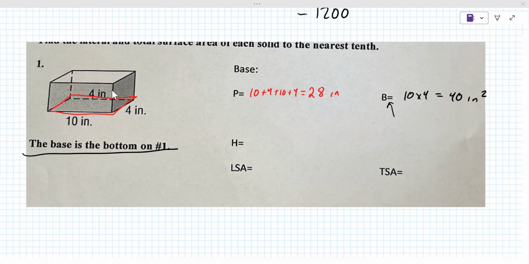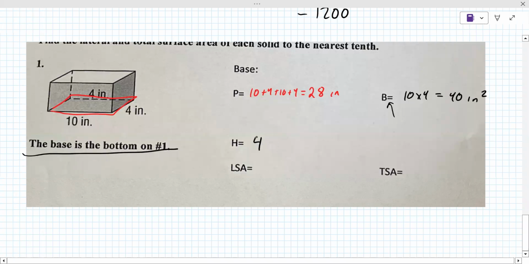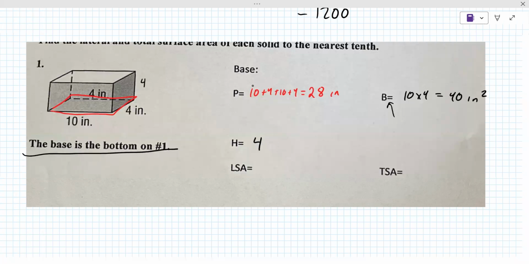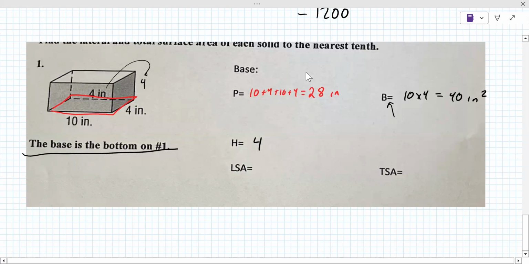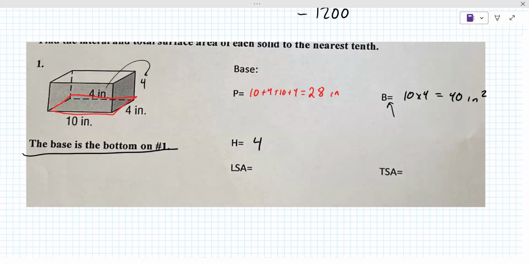Okay, so the height of the prism is 4 in this problem. That's just the vertical distance. Sometimes it's better seen there. How'd you get the height? It's just given. It's maybe not drawn well, but it's actually this dimension right there. I usually prefer it kind of on this back line there.